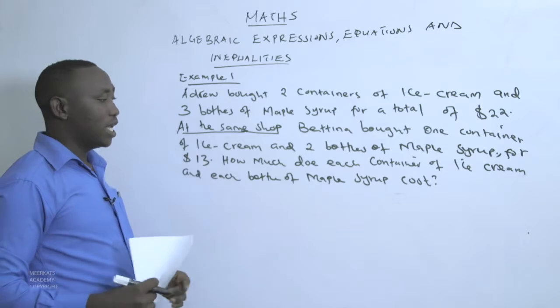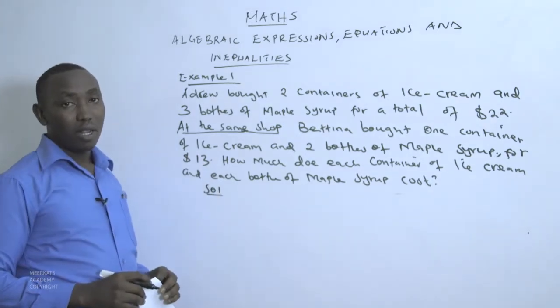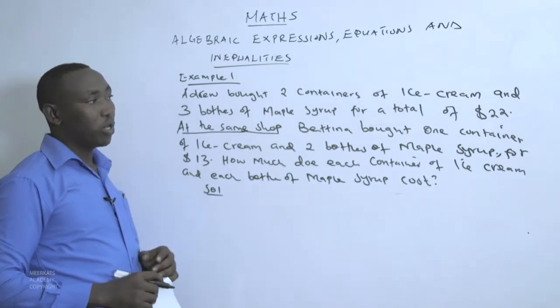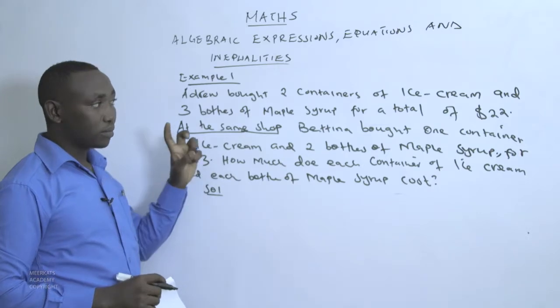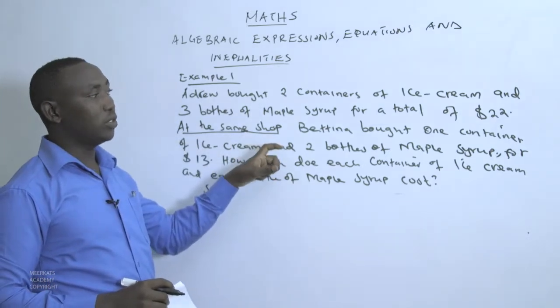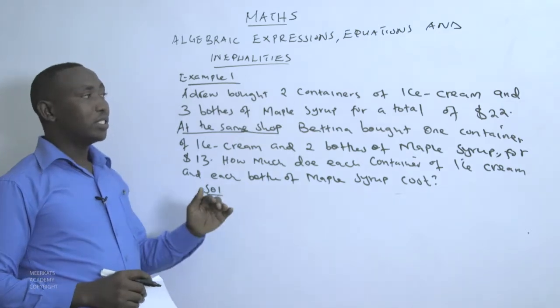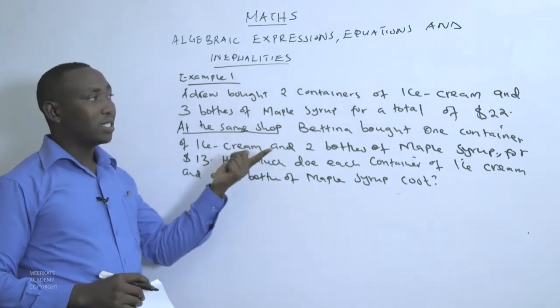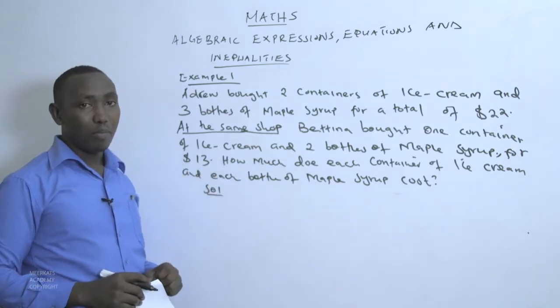Now, using our procedures in giving a solution to this particular question, in step 1, we come up with 2 pronumerals that are going to represent some particular items in this statement. In this case, we have the cost of ice cream and the cost of a bottle of maple syrup.